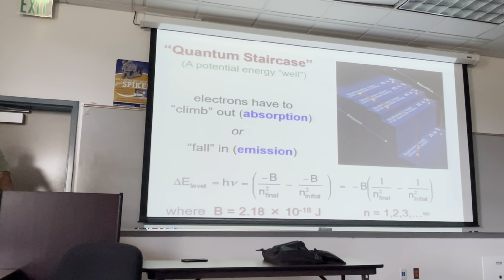Speed of light, you don't have to memorize, it'll be on your handout, but you should be familiar with it so you know what c is. h, Planck's constant, is going to be on your handout. E equals hv, that's the other thing. h, Planck's constant, is 6.626 times 10 to the minus 34.